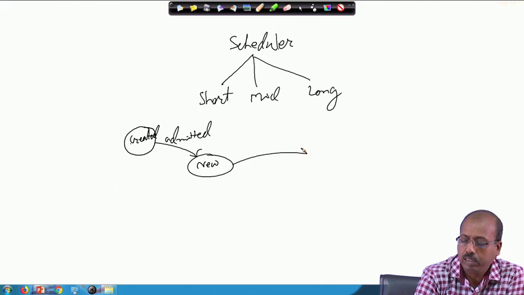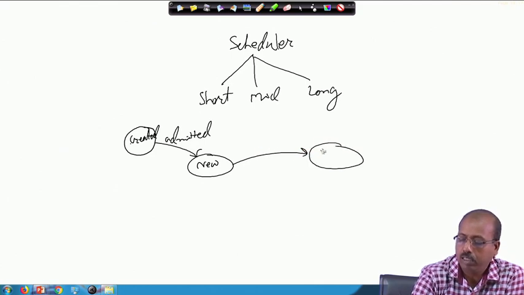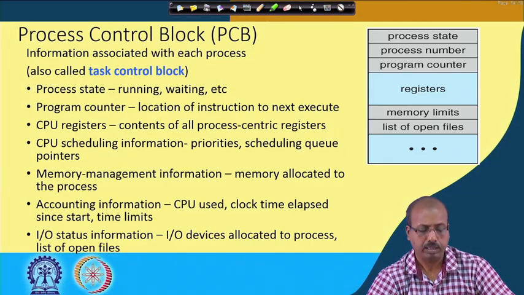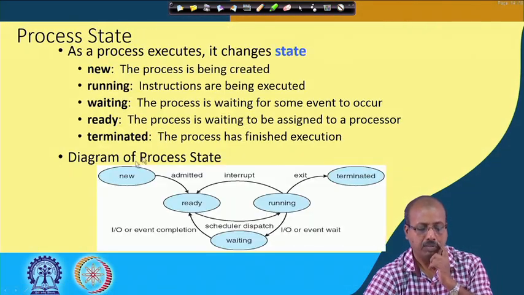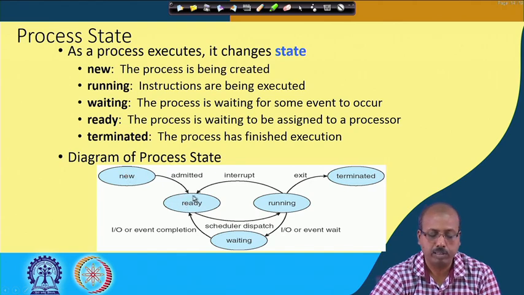Now, from this new it was going to the ready. If we look back into this state transition diagram, from the new state it was coming to a ready state, and from the ready state it was going to the running state.